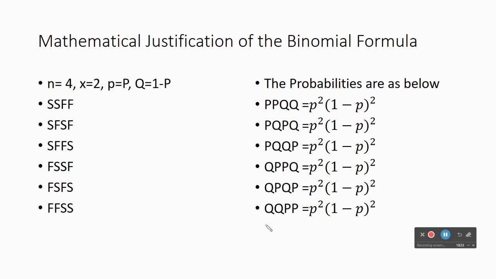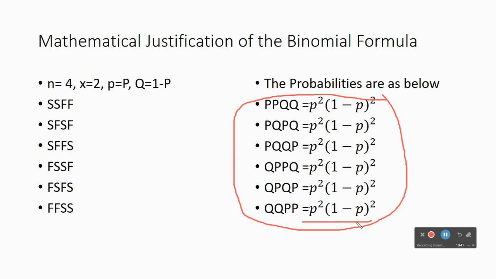They're mutually exclusive with each other, so the total probability of having these two successes we get just by adding these up, which will be 4 choose 2 times p squared times (1 minus p) squared.